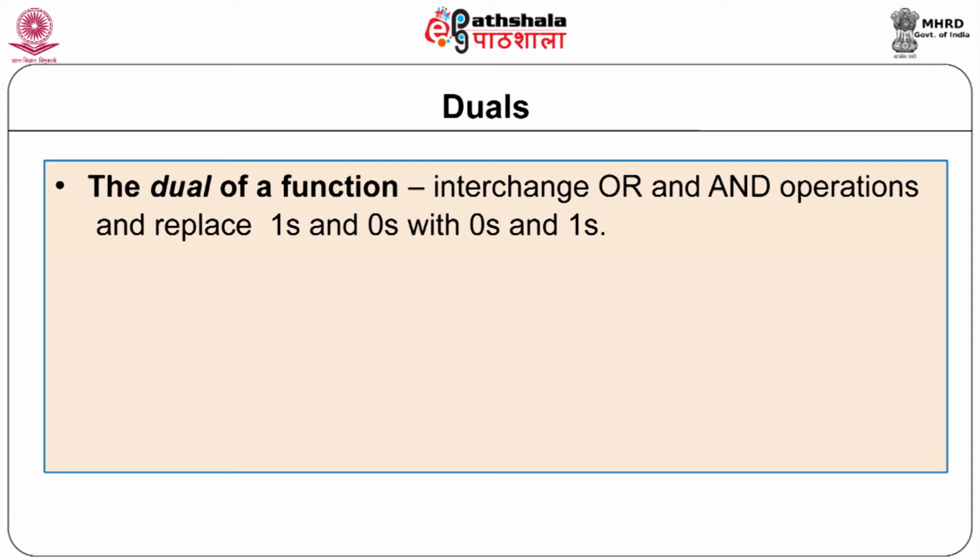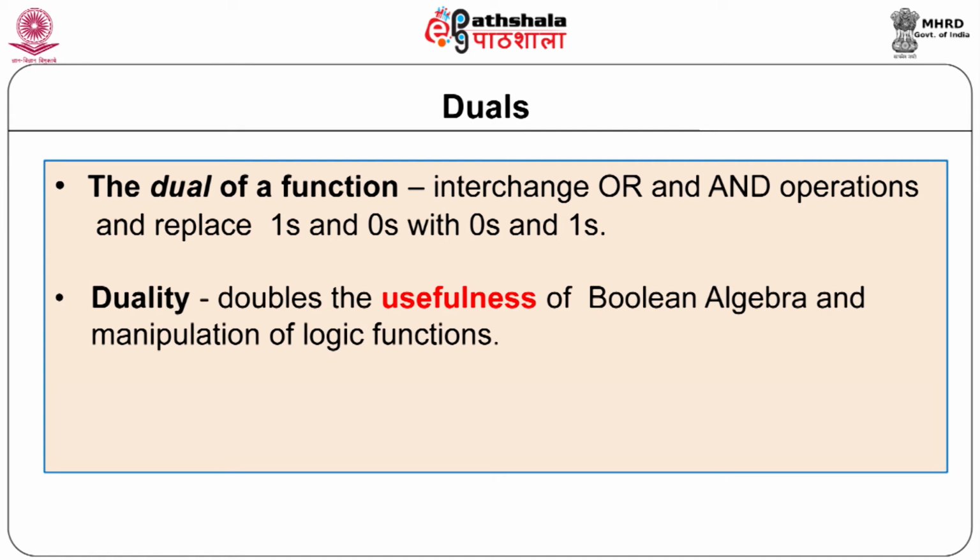The prime version of the theorem is obtained from the unprimed version by swapping 0 and 1, and the OR symbol is interchanged with the AND symbol. Duality is important because it doubles the usefulness of everything about Boolean algebra and manipulation of logic functions.